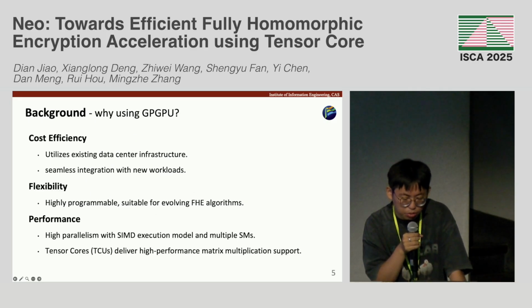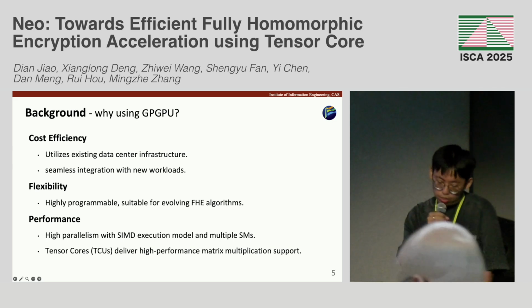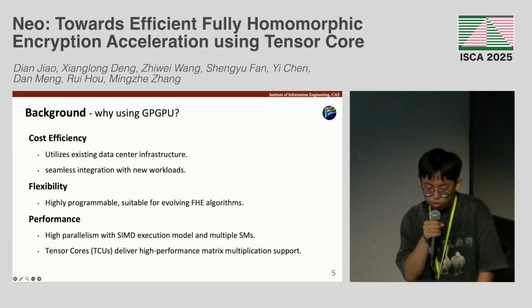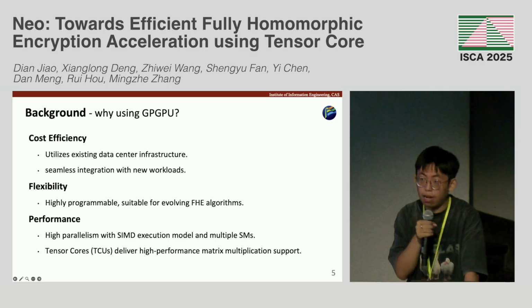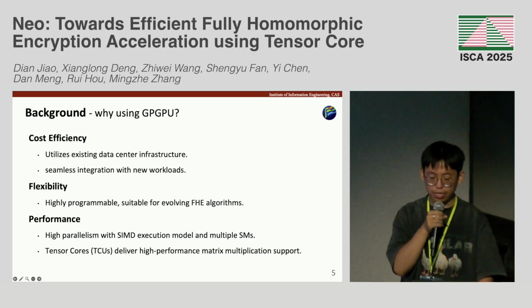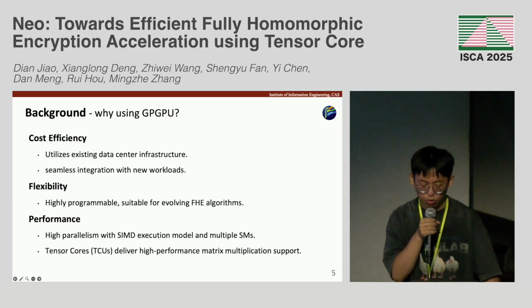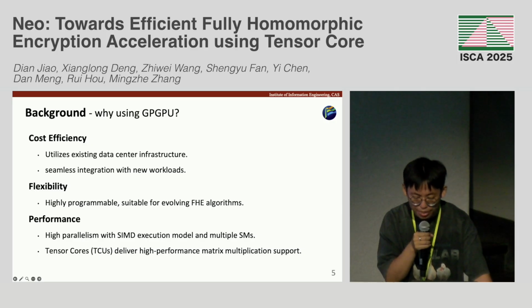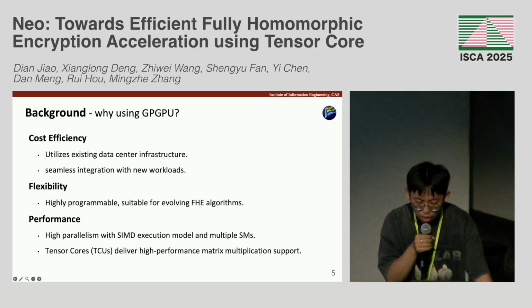GPGPUs are widely used in existing data centers, making it easy to integrate FHE workloads without costly infrastructure upgrades. In terms of flexibility, GPGPUs with their software ecosystems such as CUDA can quickly adapt to new algorithms through software updates, eliminating the need for hardware redesign.